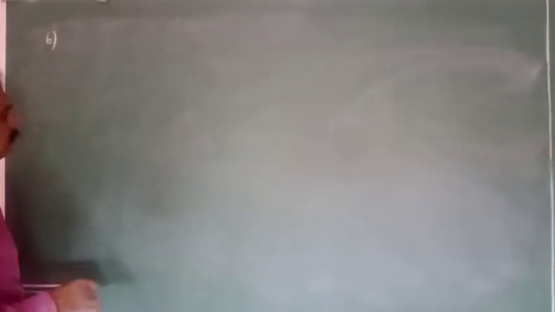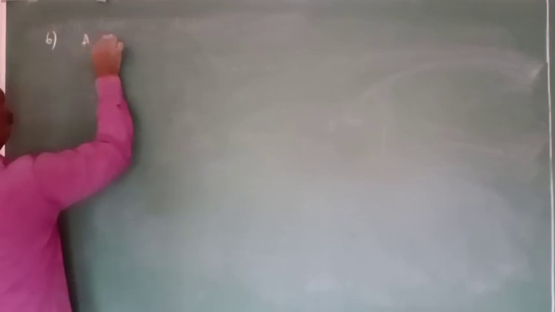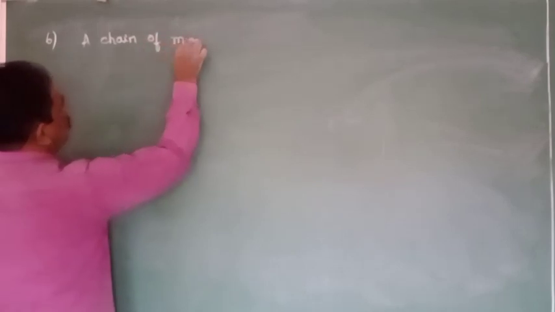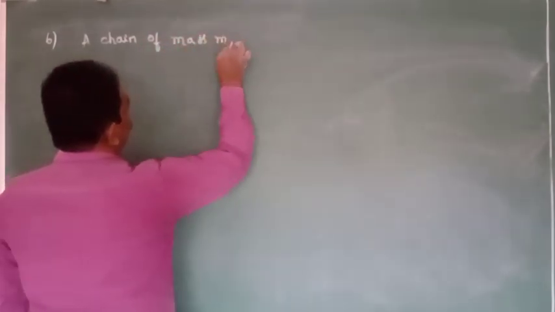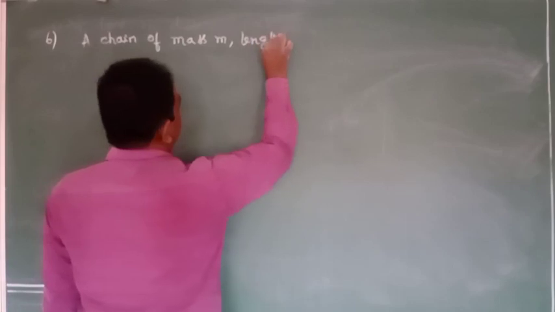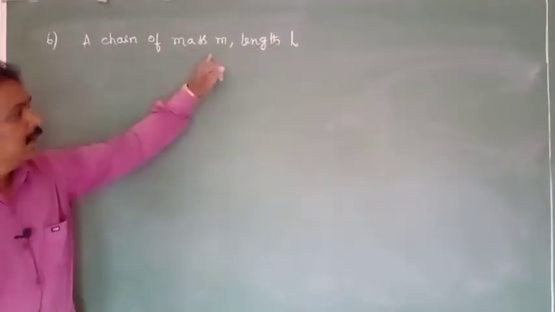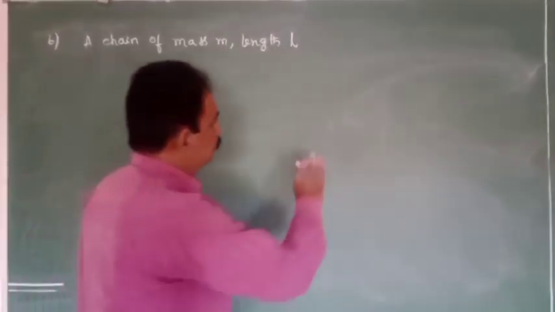Sixth, a chain of mass m, length L. The mass of the chain is m, and L is the length of the chain.